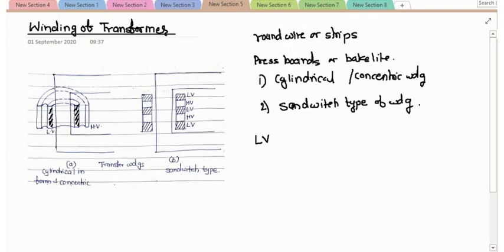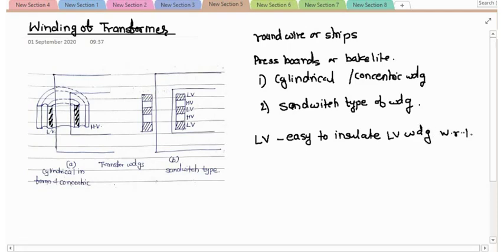The LV winding is placed immediately after the limb portion because it is always easy to insulate the LV winding with respect to core, as the winding voltage is less.